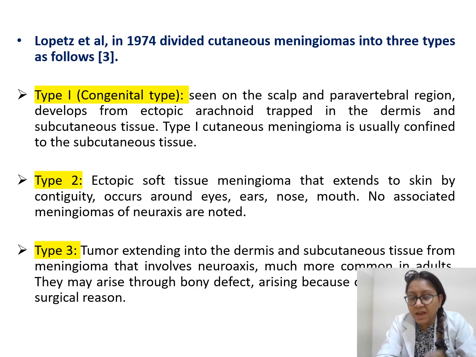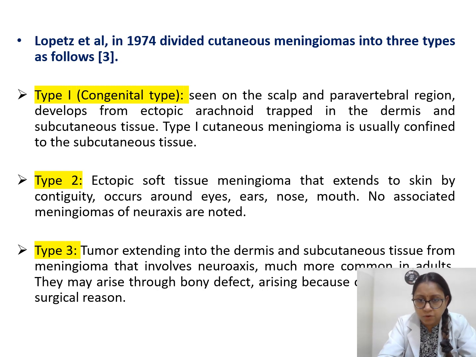In 1974, he divided cutaneous meningioma into three major types. Type 1 is congenital, usually seen on the scalp and paravertebral region, where the origin was considered to be ectopic arachnoid trapped in the dermis and subcutaneous tissue. Type 1 is usually confined to the subcutaneous tissue, with no connection from the underlying areas.